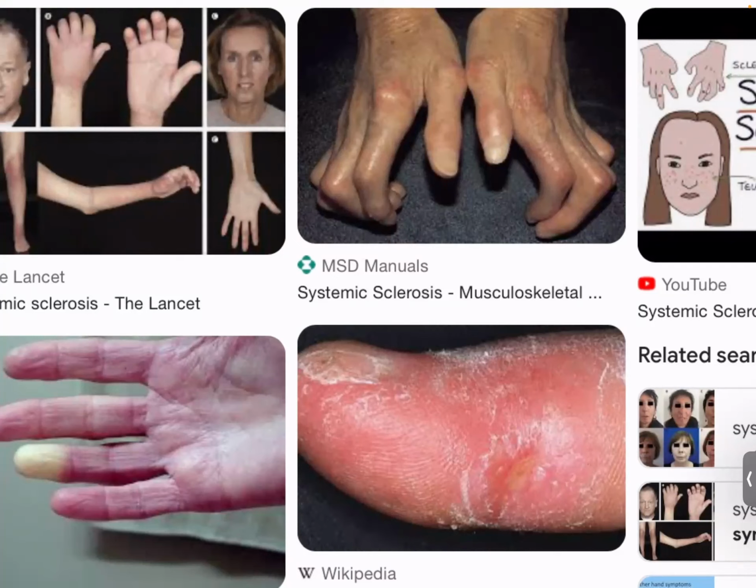The differential diagnosis may be rheumatoid arthritis, systemic sclerosis, systemic lupus erythematosus, dermatomyositis, osteoarthritis, other diseases like chronic gout, or psoriatic arthropathy. So all these diseases are differential diagnoses for any deforming arthropathy. Deforming arthropathy is not equal to rheumatoid arthritis.